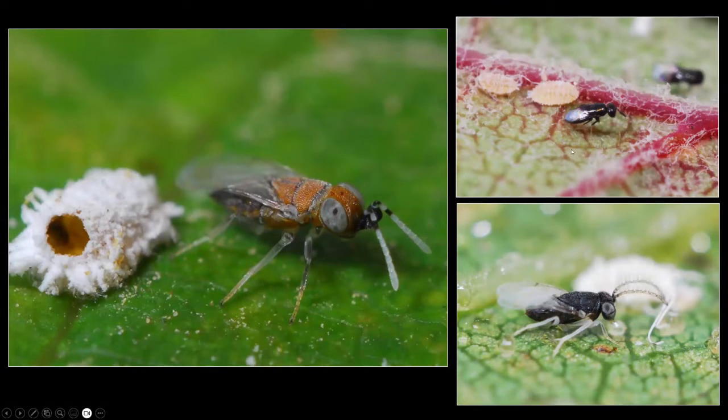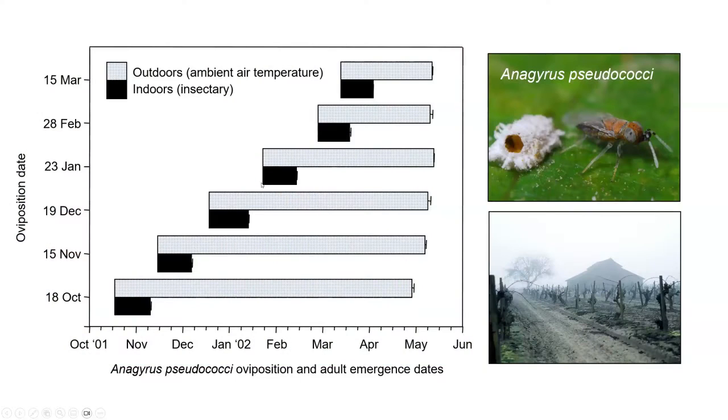And in the upper right, we see a parasite that we got from South Africa called Coccidoxenoides perminutus. Okay, so the Anagyrus is by far the most common, by far the most important. It has got one critical downside. Even though in organic vineyards, I've seen this parasitizing as much as 80–90% of the exposed mealybug, its downside is that it always starts late.